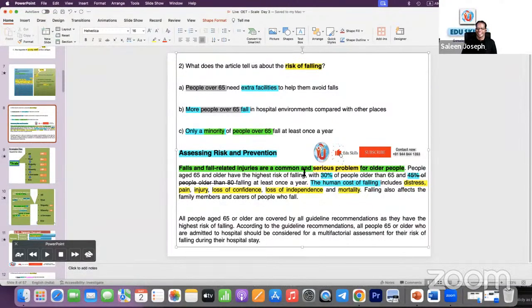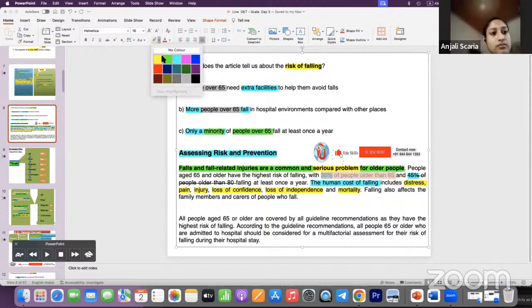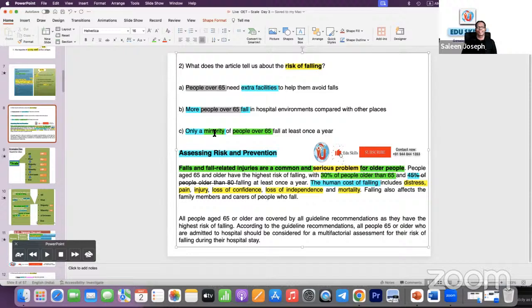Here, the answer must be the minority. About 45 and 30 is there, which is a minority. 30%. So which must be the answer? Option C. Answer is C. Only with the scale expression we said this is the answer. When you have minority there, even otherwise with our assessment we know that is the answer.